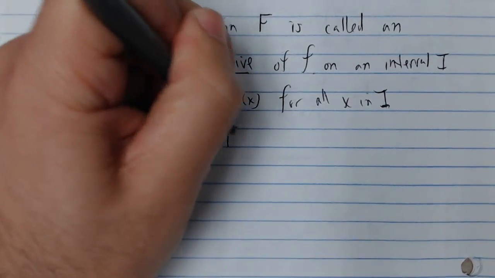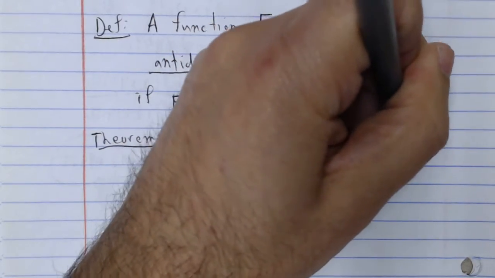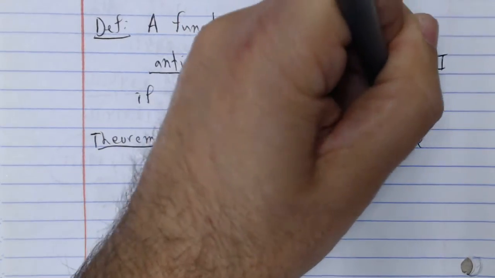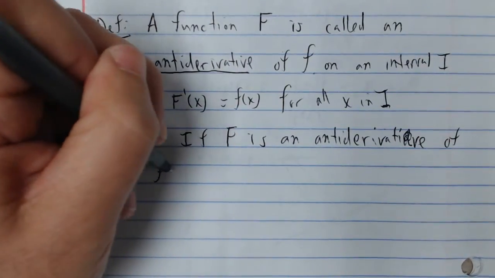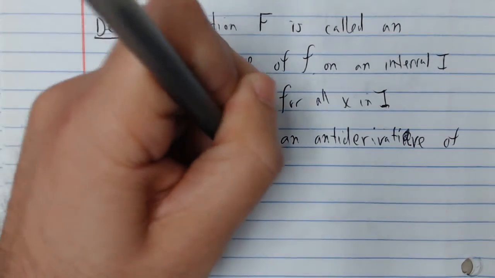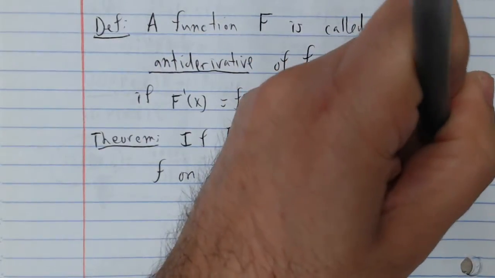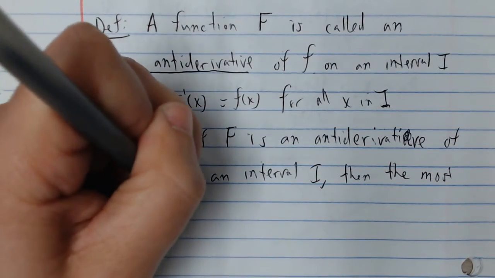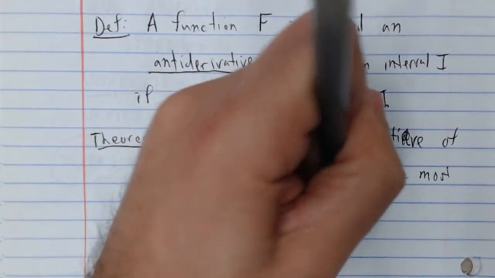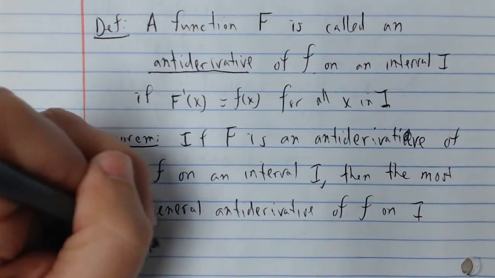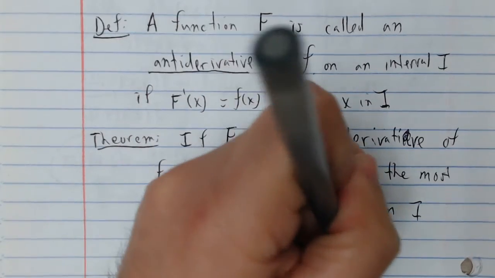If capital F is an antiderivative of lowercase f on an interval I, then the most general antiderivative of f on that interval is capital F of x plus c, where c is arbitrary.